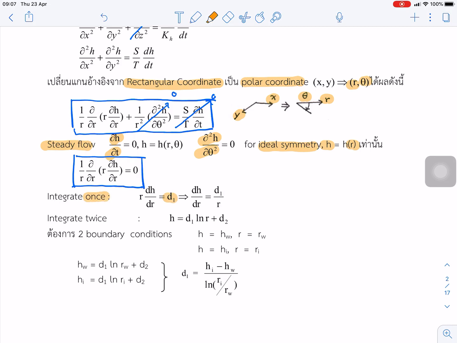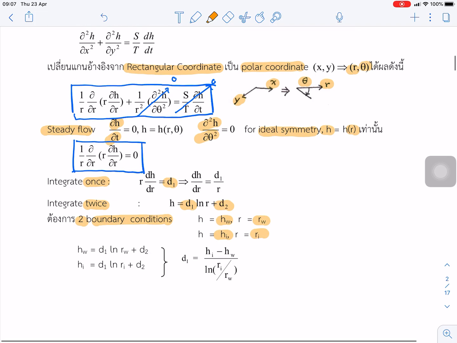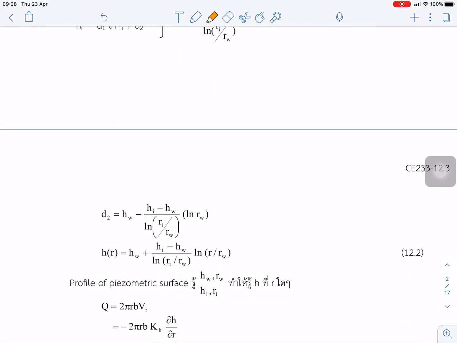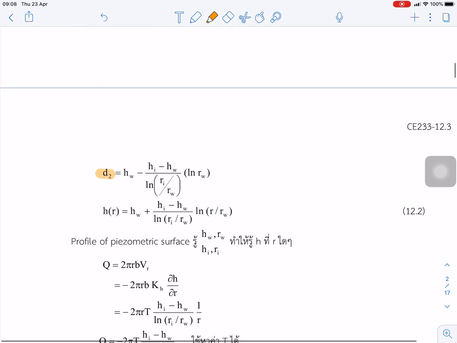Once we have constant d1, twice we have d2. Then we apply the two boundary conditions, hw at rw and hi at ri, to get the constants d1 and d2, and so we can derive the equation of h.